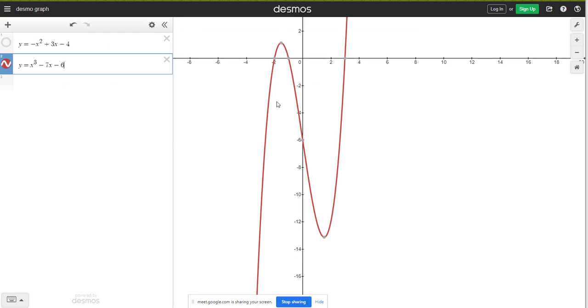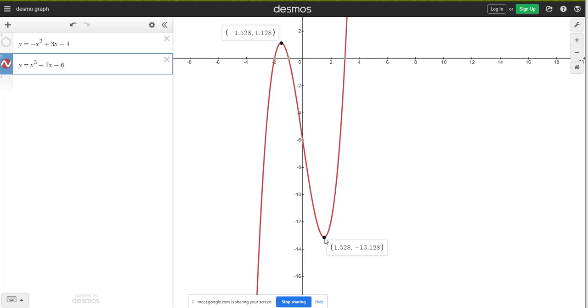So let's do the extrema first. As x gets really big this way, y gets really big in the positive direction. So as x goes to positive infinity, y goes to positive infinity. As x goes to negative infinity, y goes to negative infinity. So that's the two extrema. At this point here, which is negative 1.528, 1.128, we have a relative maximum point.